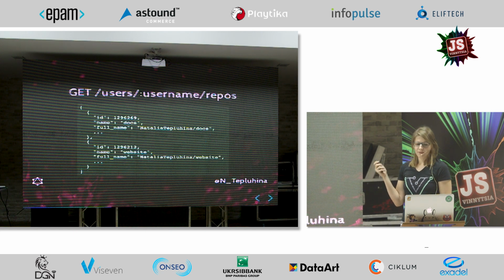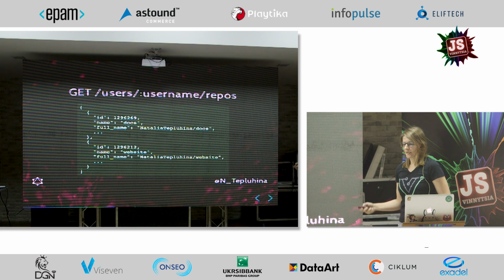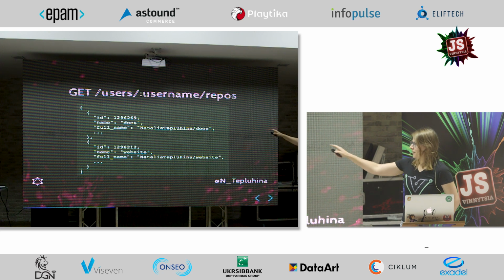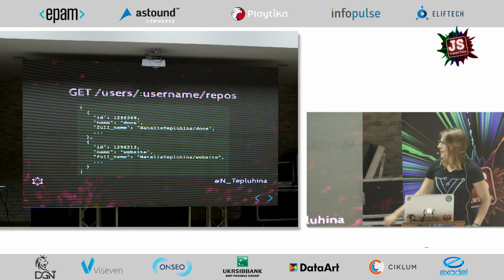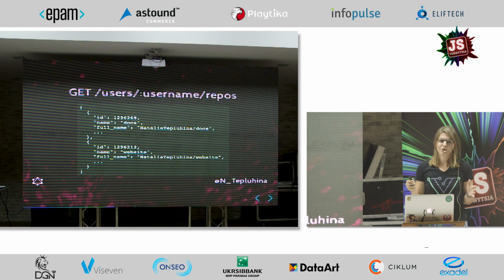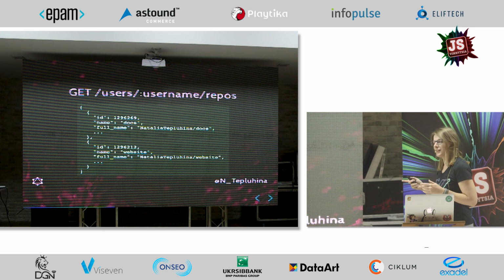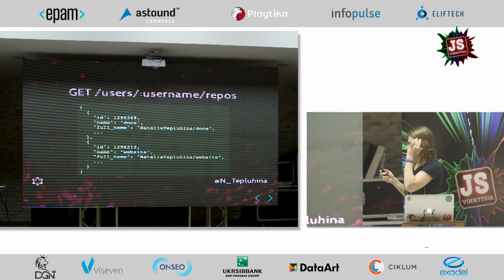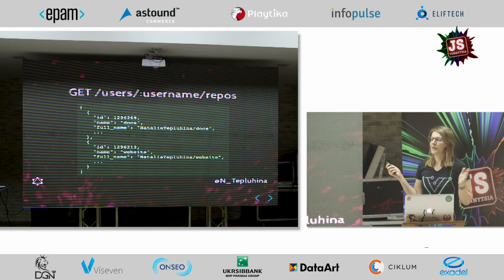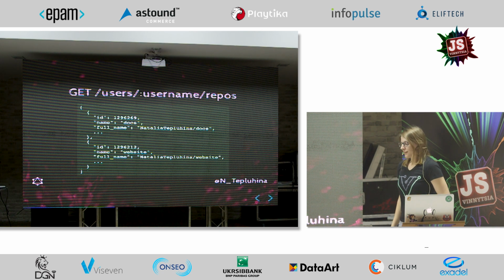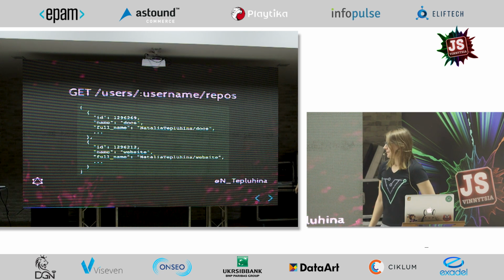So first is fetching just a list of repositories for the user from the backend. And these three dots there mean we have a really huge response. Every object here has more than 150 lines. And there are many of them. Maybe not that many in my case. I'm not that proud a contributor. But it's still around 50 repositories.